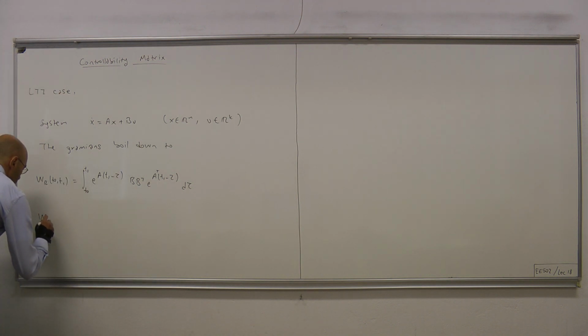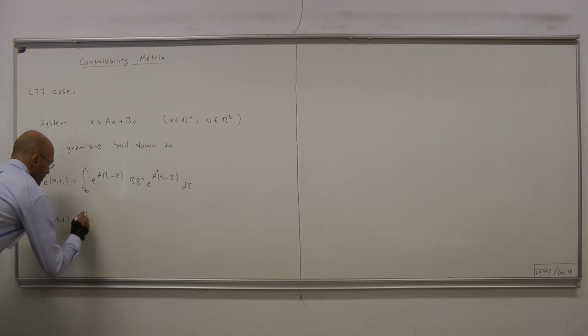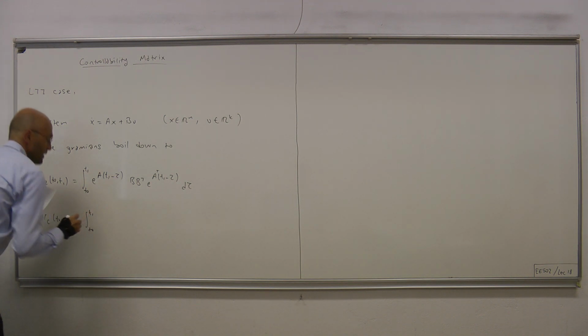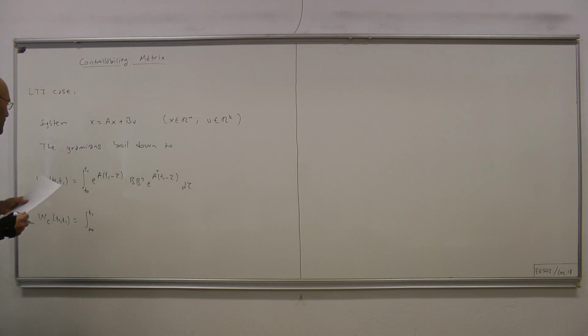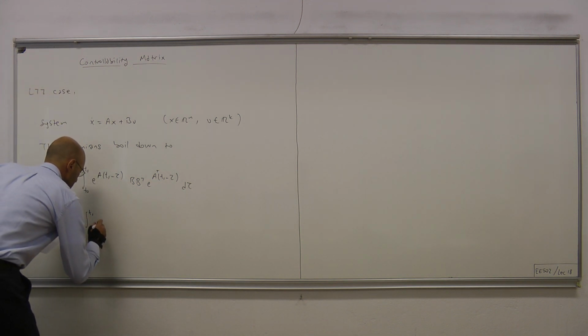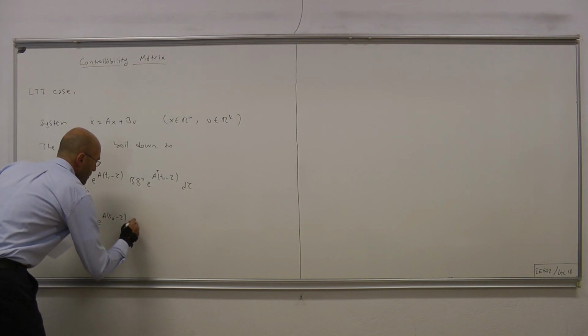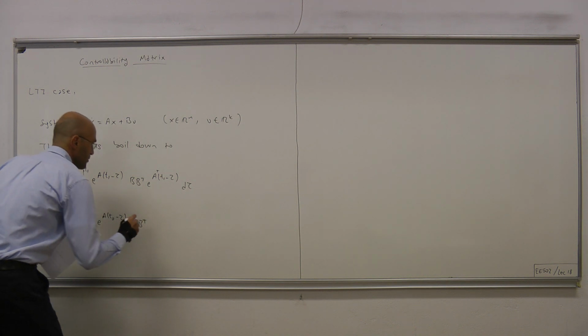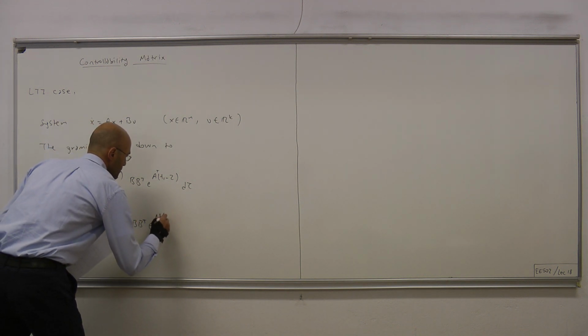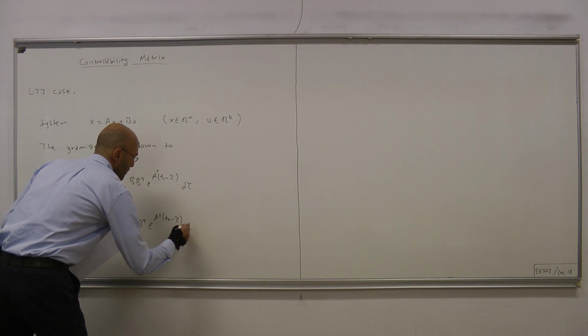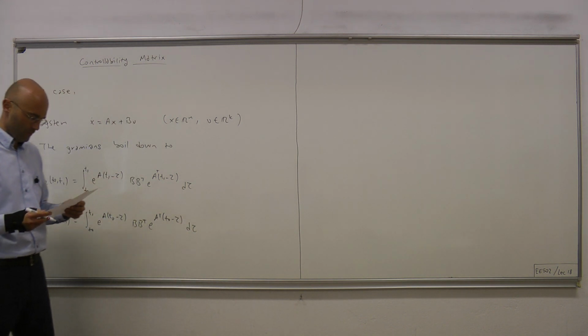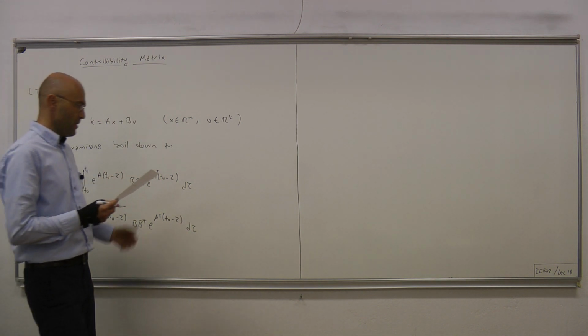As for the controllability Gramian, we have a similar but slightly different integral. This time we have e^(A(t0 minus tau)) B B transpose e^(A transpose (t0 minus tau)) d tau.